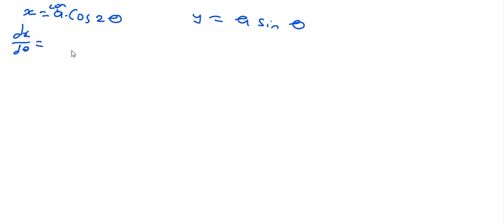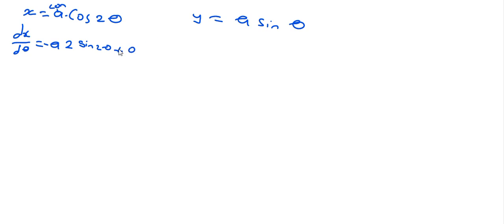Let's say our a is going to be constant, and then we derive this. We're going to have negative 2 sine 2 theta, plus we derive our constant, which is going to be 0.